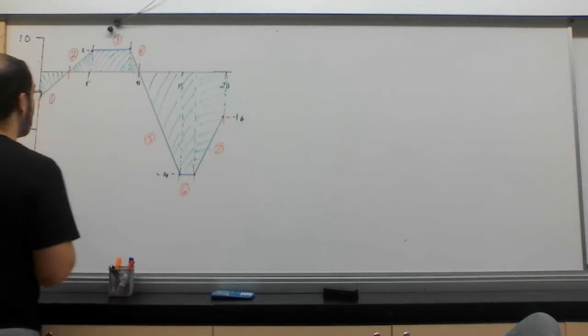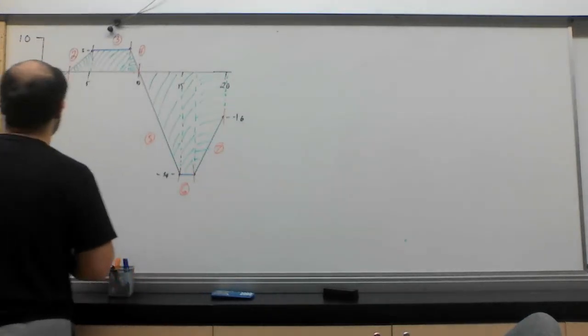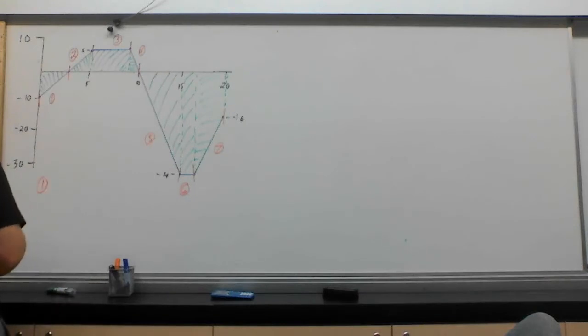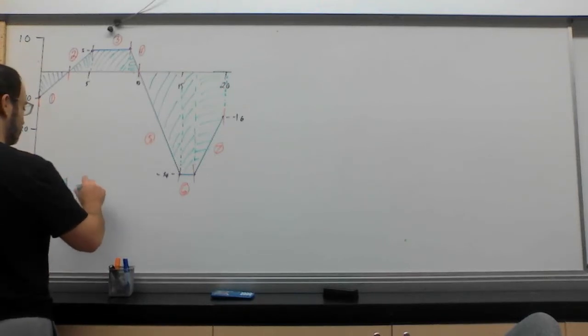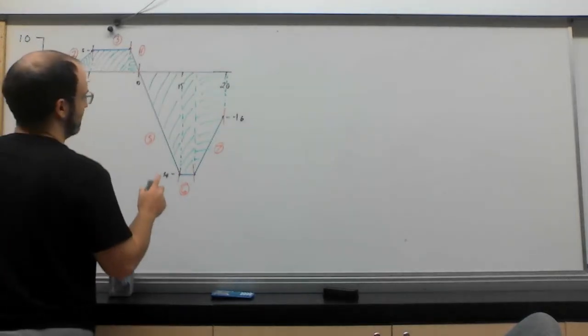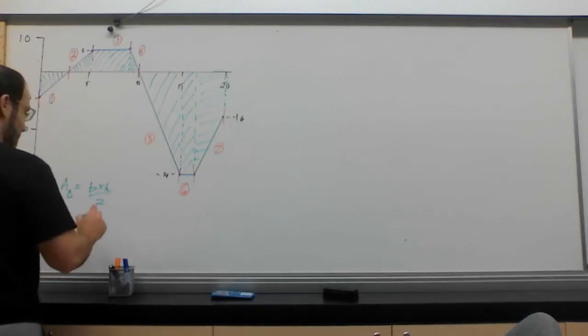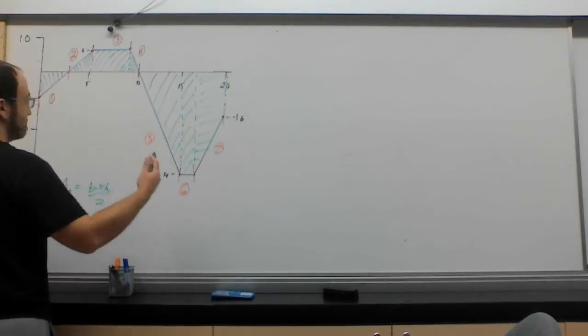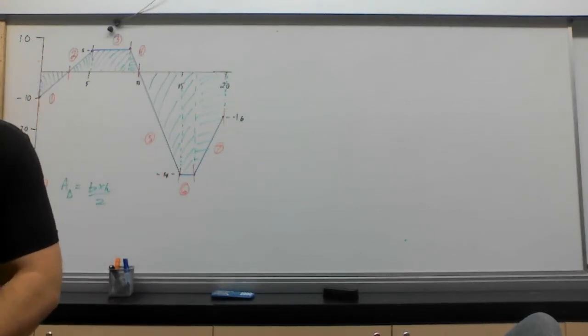Let's get to going from 1 up to 6 first. So, number 1, we're looking at the area of a triangle. The area of a triangle is going to equal base times height divided by 2. That's going to be true for 1, 2, 4, and 5. In the case of 1, the base, the width across, is going to be about 3, I think. 1, 2, 3.